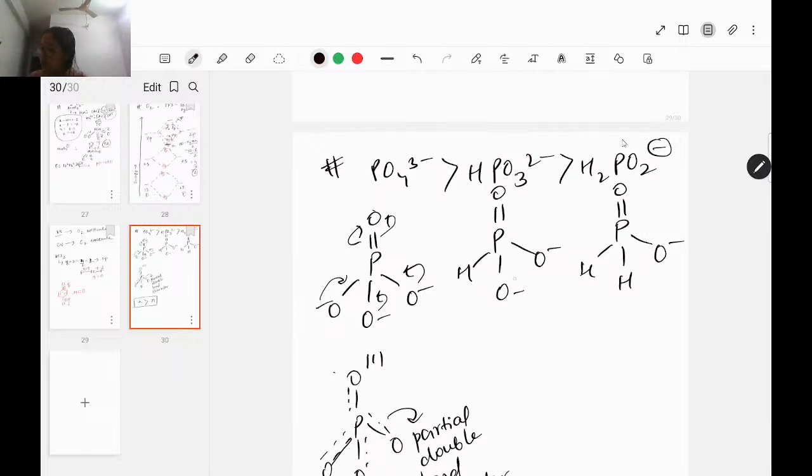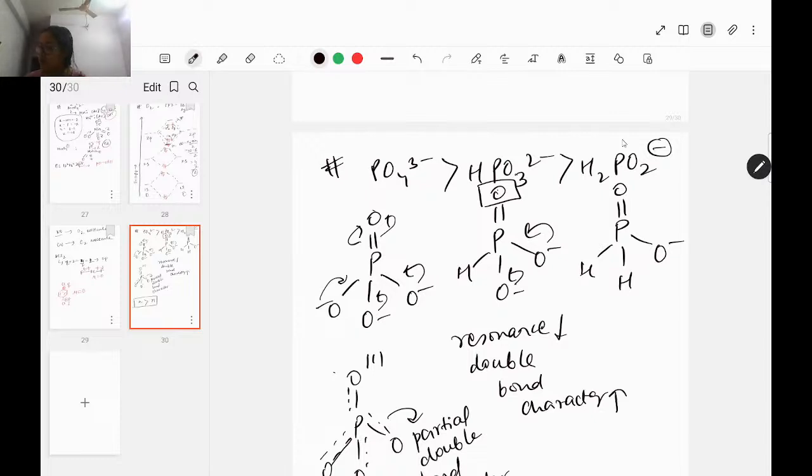So there are only 2 oxygen atoms which are undergoing resonance. So as a result, the resonance over here in the second structure is less. Since the resonance is less, the double bond character is more as compared to the first structure. The double bond character of this oxygen is greater.